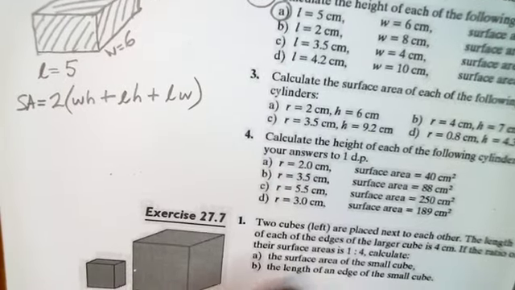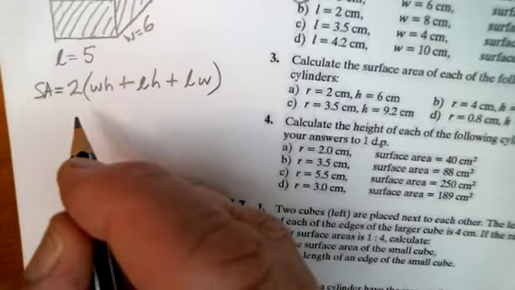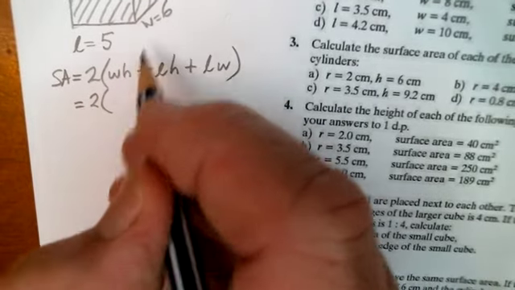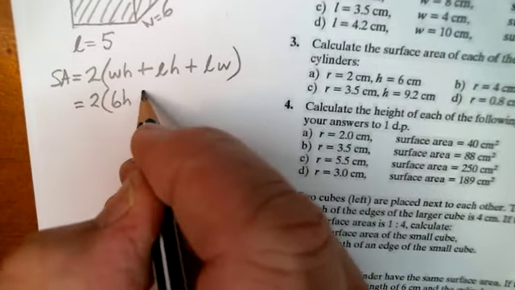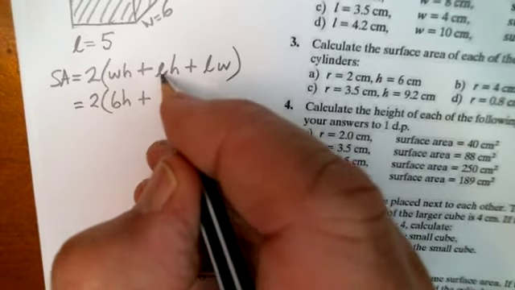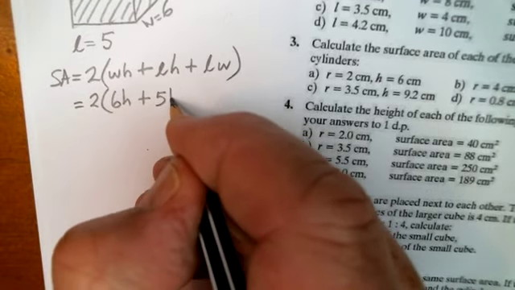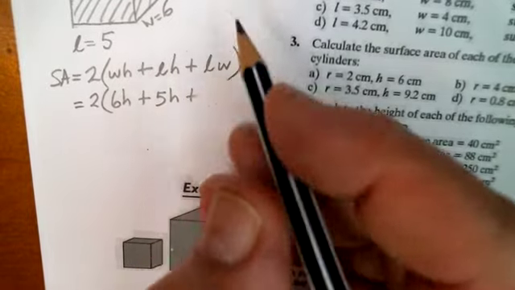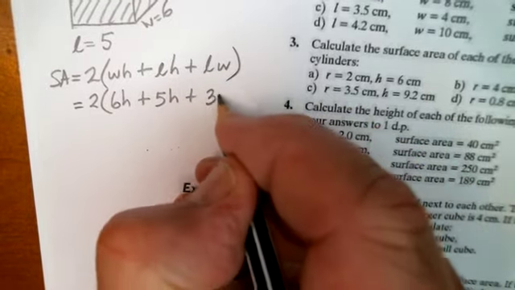So what do we know? Well, we know the length is 5, so I'm going to populate this. So 2 times, the width is 6h plus the length is going to be 5h plus length times width. Well, length times width is 5 times 6 is 30.